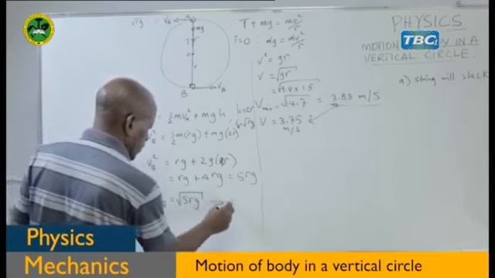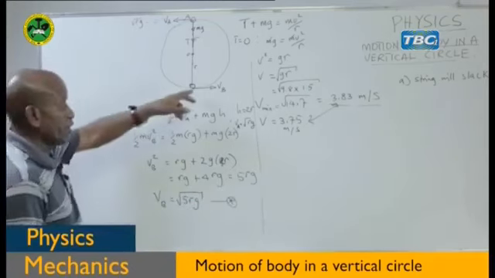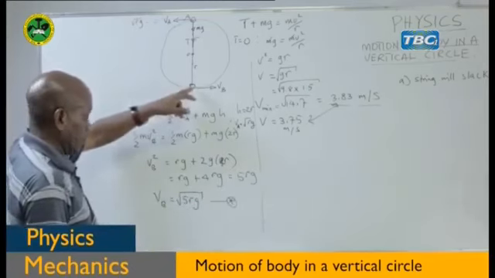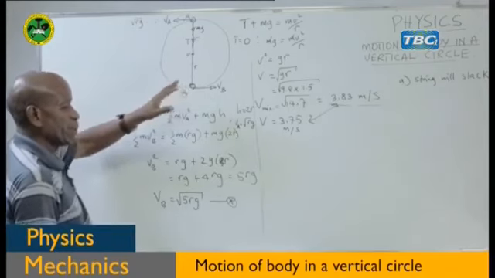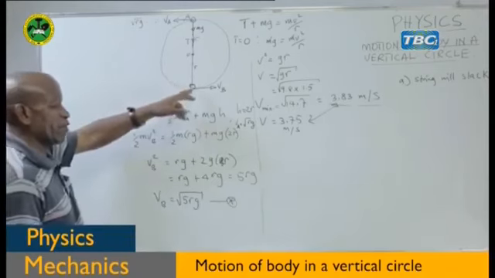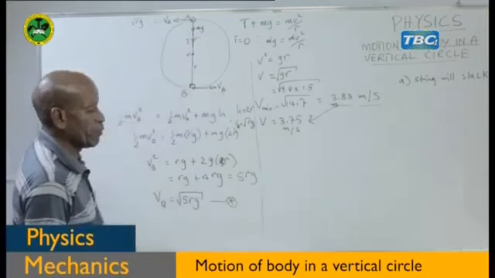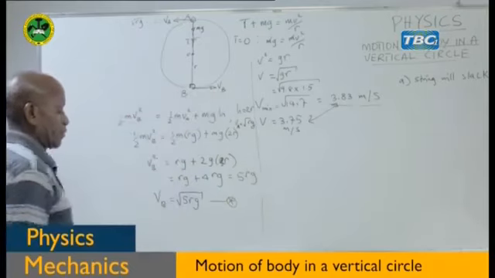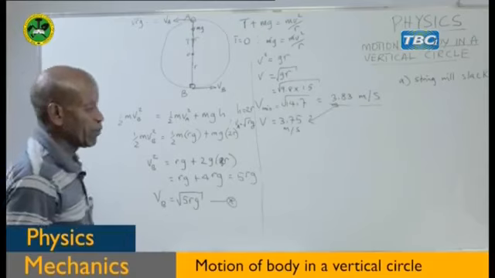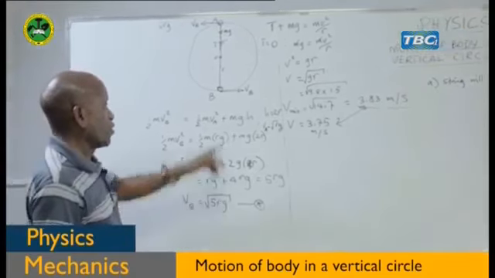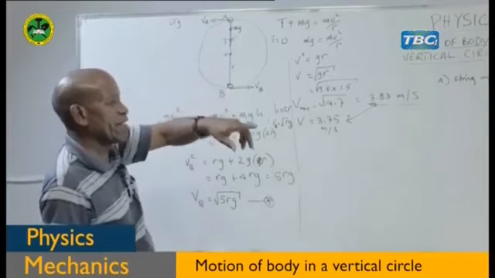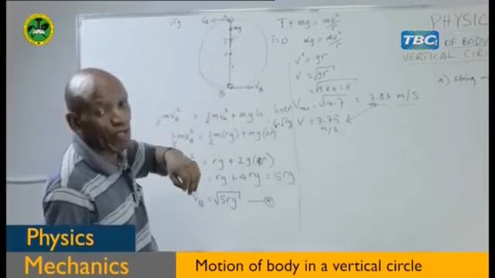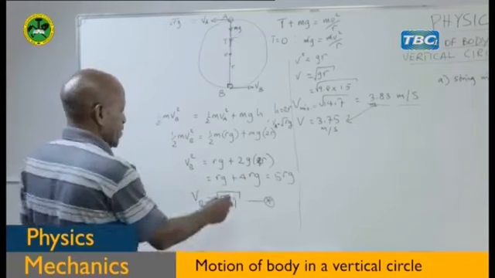So this is the minimum speed a bucket is supposed to possess whenever it is passing at the lowest point. We can now compute, because the radius of the vertical circle is given. That radius is the length of the string, which is 1.5 meters, and g is known.